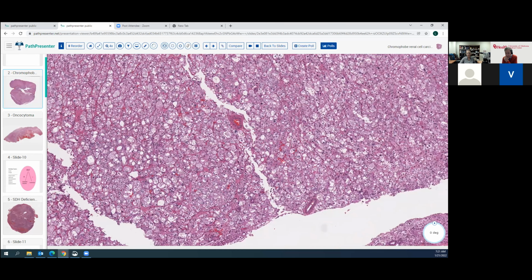And then we're getting into the very uncommon entities: the hereditary leiomyomatosis, also known as fumarate hydratase-deficient RCC, tubulocystic RCC, SDH-deficient RCC, and the eosinophilic solid and cystic RCC. We're going to see some of these entities next.